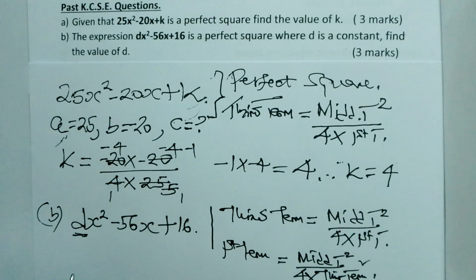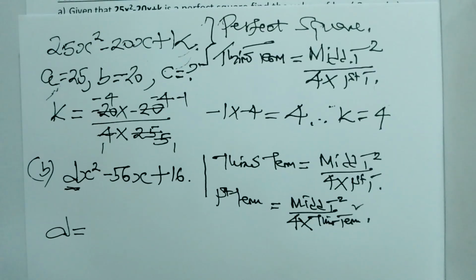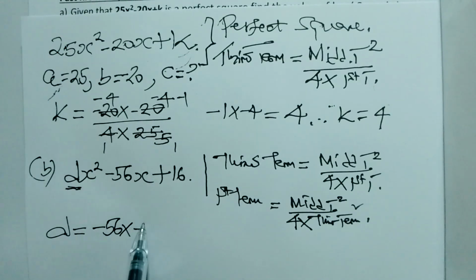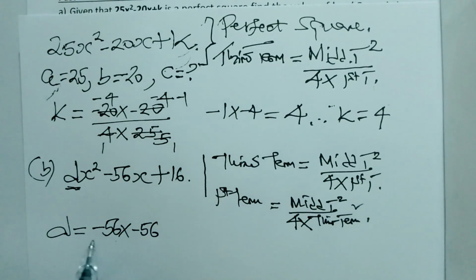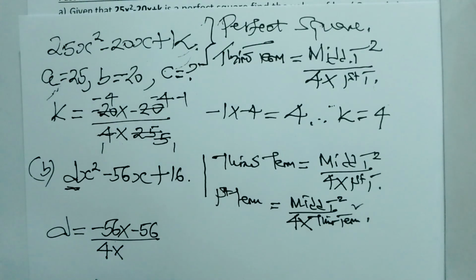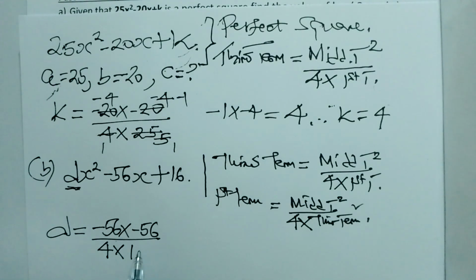So the value of d now will be given by negative 56 times negative 56 over 4 multiplied by 16. 4 multiplied by 16.